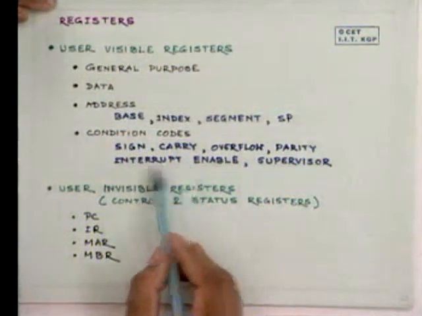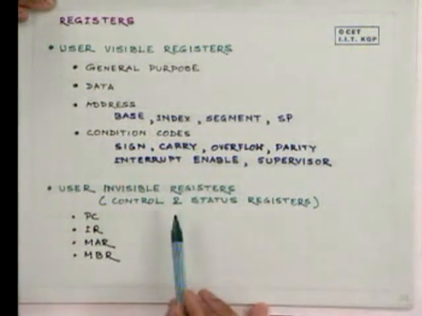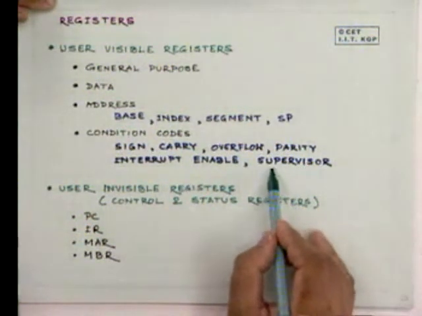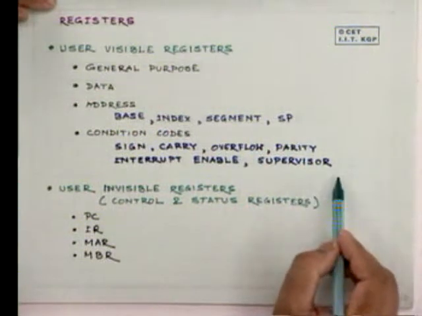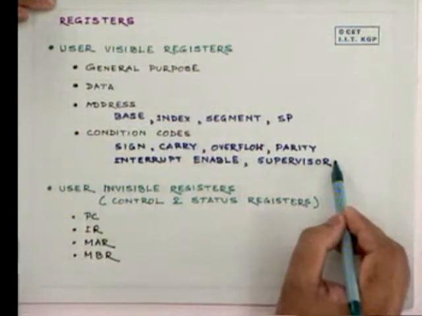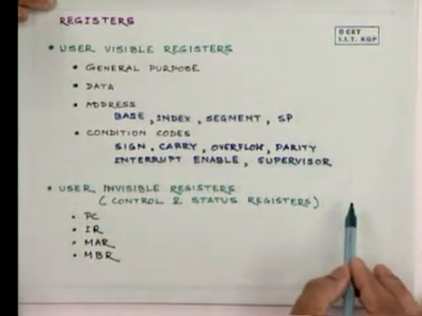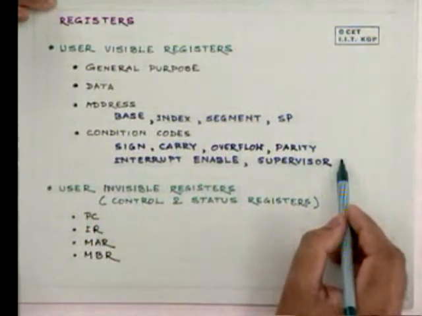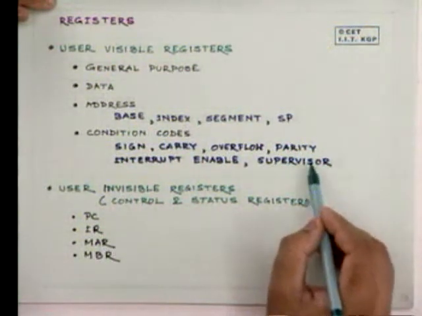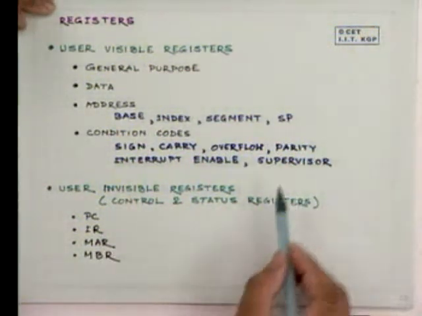By that we mean the CPU can be interrupted, and sometimes the CPU can be in the supervisor mode or the user mode. That means in the case of supervisor mode, the CPU can execute some privileged instructions. We'll have occasions to see what privileged instructions are when we'll be discussing the operating system, right?